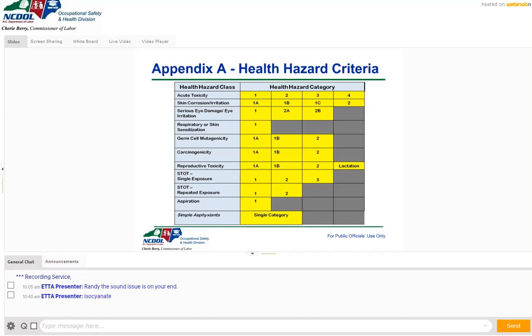If it was a 4, it's still toxic, but it would take a lot more exposure for the same effect, higher dose and more exposure. So just to show you what the table looks like, and STOT is specific target organ toxicity, like toxicity to a particular organ. Okay, so there's a category table.